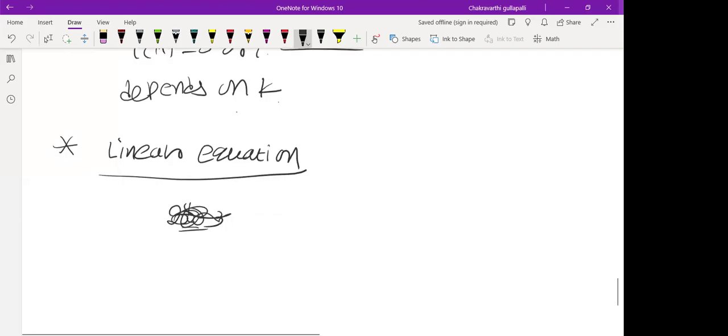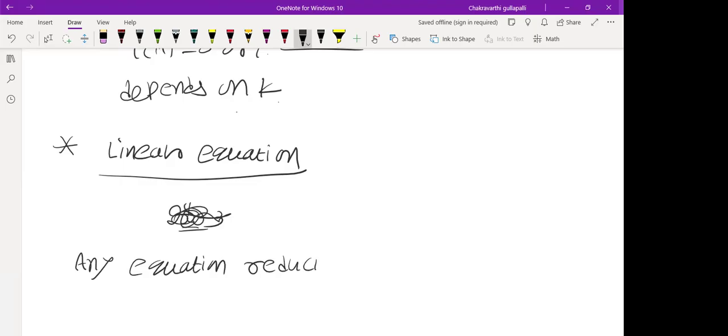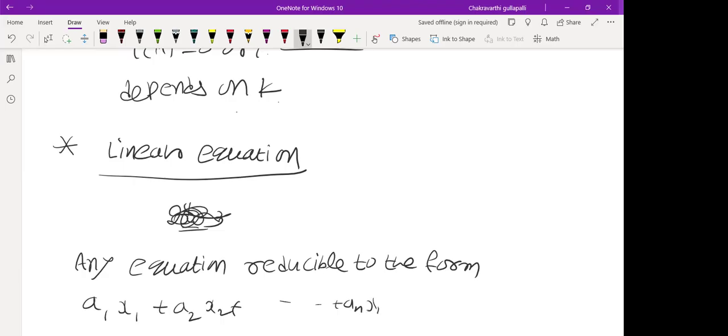Then how are we going to define a linear equation? Any equation reducible to the form a1x1 + a2x2 + ... + anxn = b1.